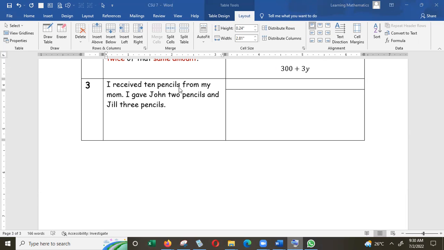So here's a simple scenario depicting a transaction with some pencils, and it's strictly words.